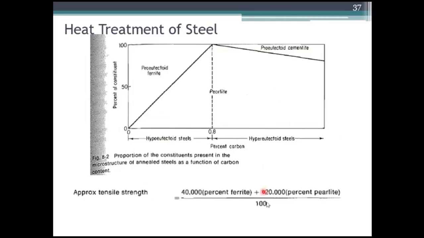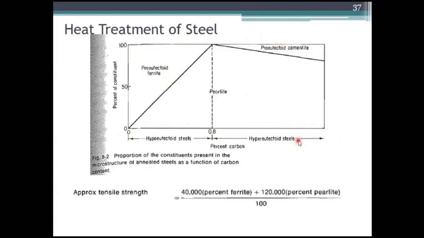So see here, up to 0.8 percent we call these hypoeutectoid steels. These things we have seen in the last class itself. So the percent constituent continuously increases. Within this it will be pro-eutectoid ferrite, up to around 0.8 percent, and above this percentage it will be pro-eutectoid cementite.